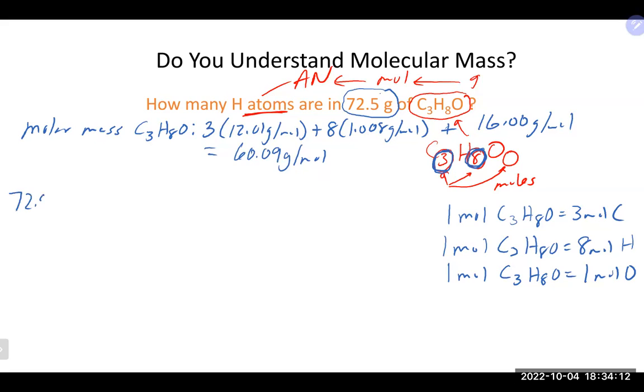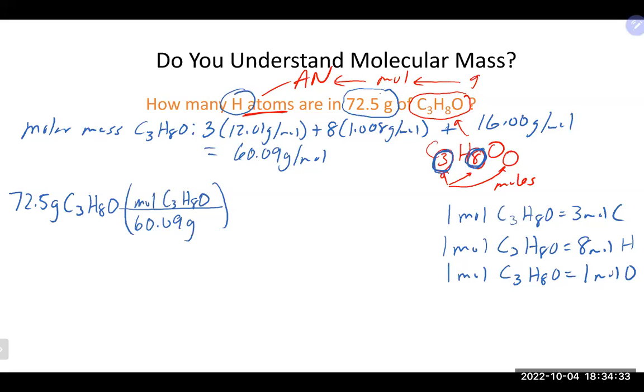We're going to go 72.5 grams of the entire compound. Since we need it in moles, we use the molar mass we just calculated, 60.09 grams per mole of the entire compound. As we can see from the problem, we're interested in just the hydrogen.